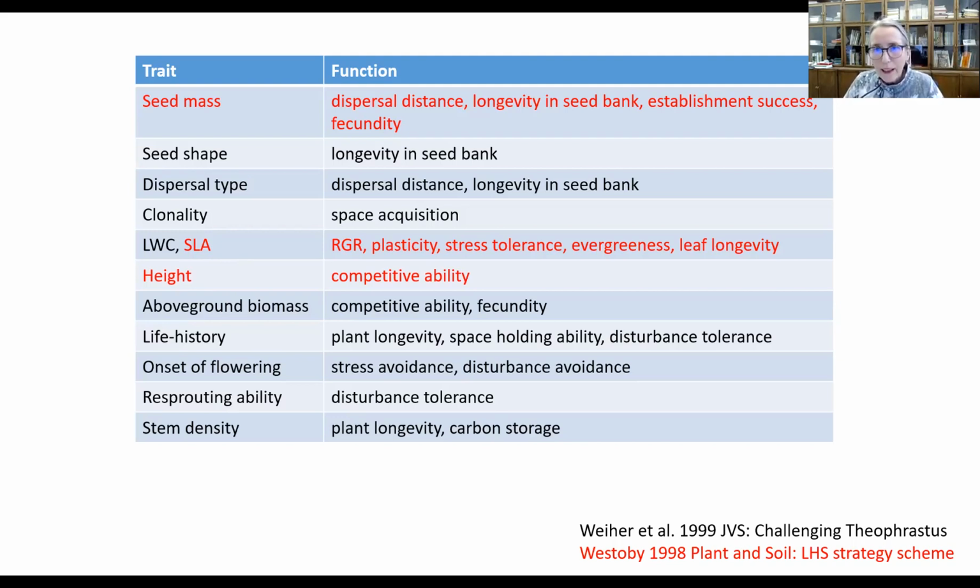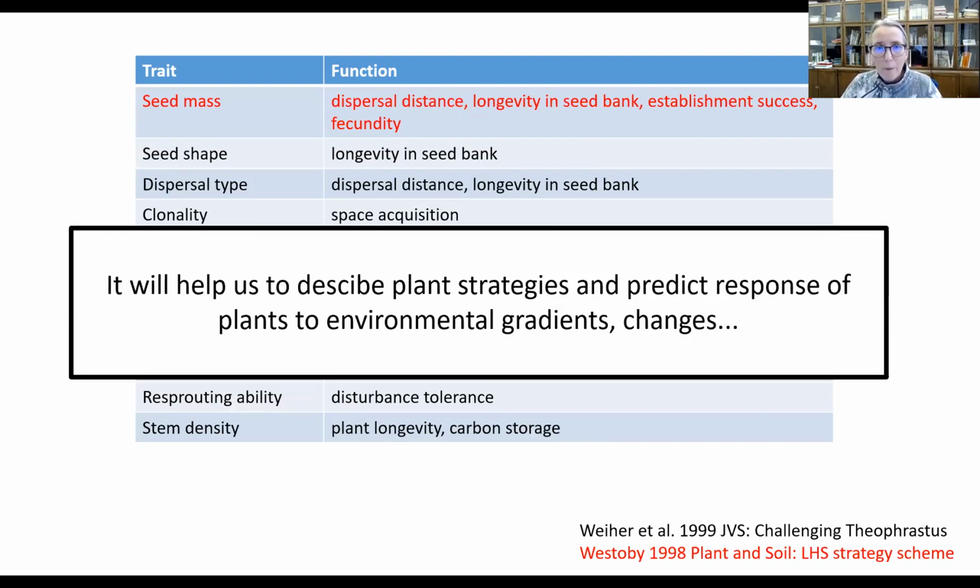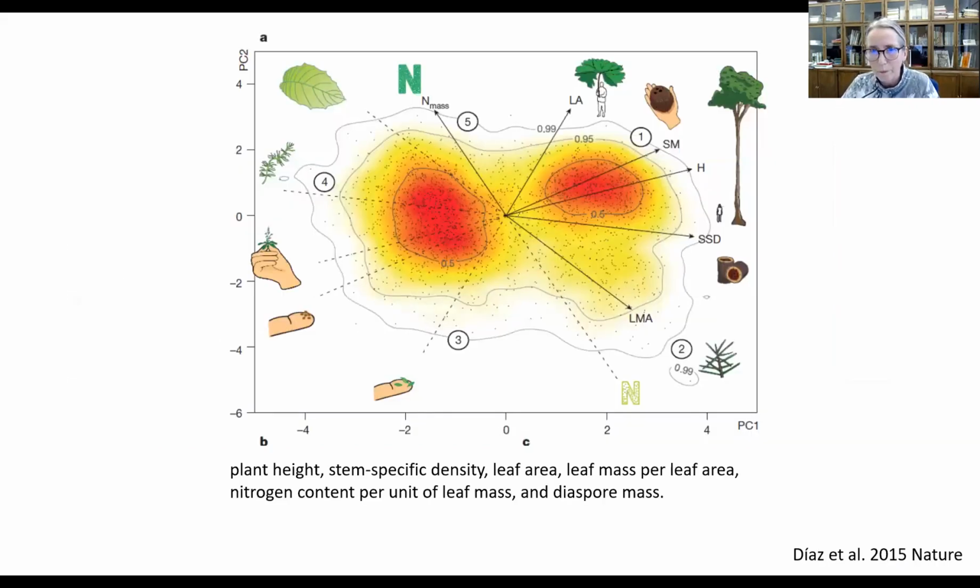And it led to compilation from the literature, measurement of new values in the field, and accumulation of trait data into databases. And there was a belief that measuring these traits for as many plants as possible will help us to describe plant strategies and describe the response of plants to environmental gradients, to climatic change, and so on.